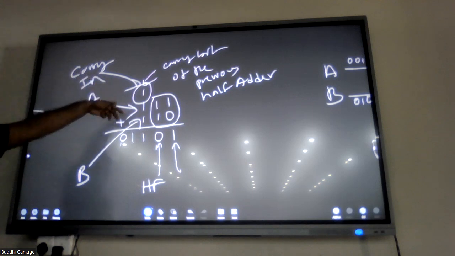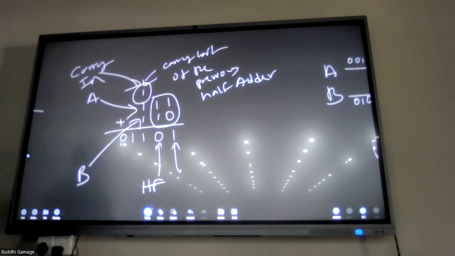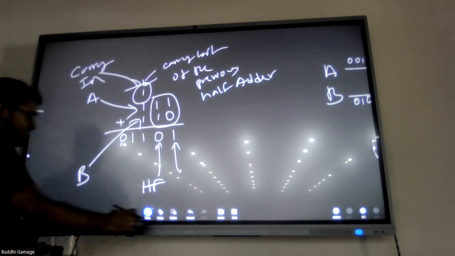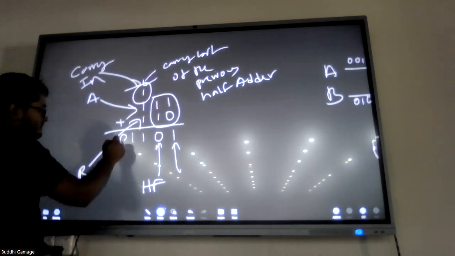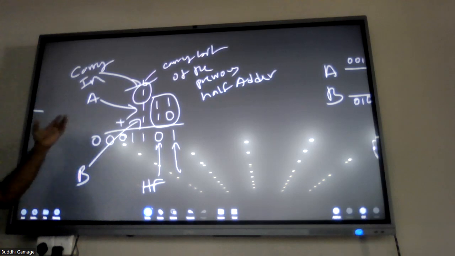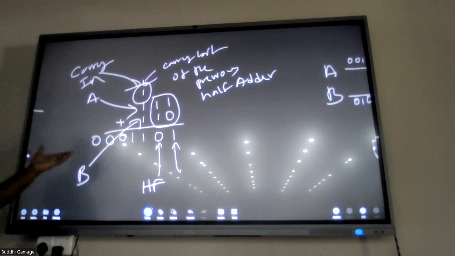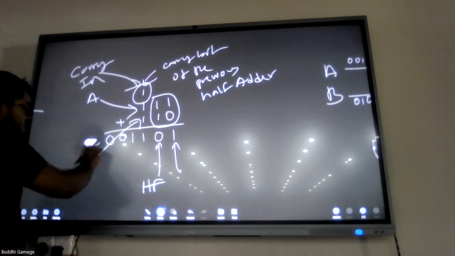Only 1 1 1 should be 1 1. We can add any zeros in the front, but are there going to be any ones? No, right? There are going to be only zeros. So it's relevant to put those, right?